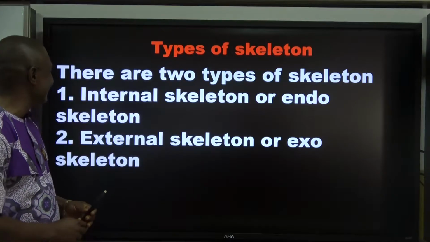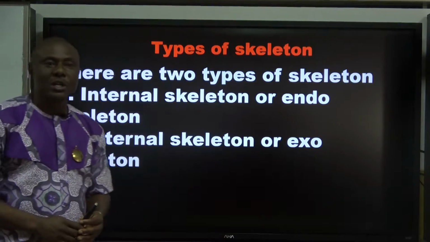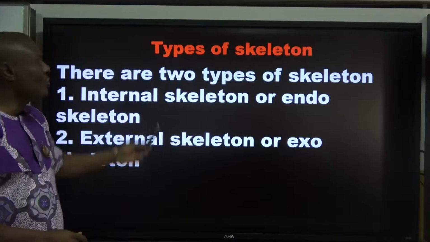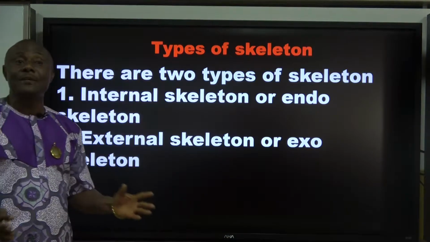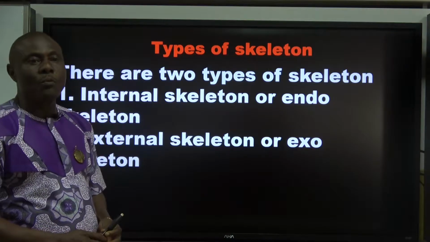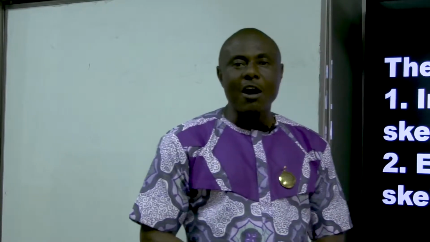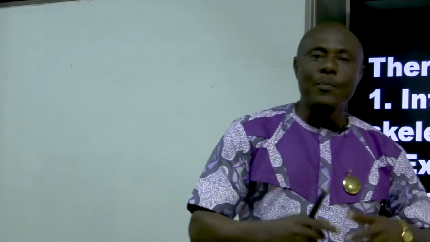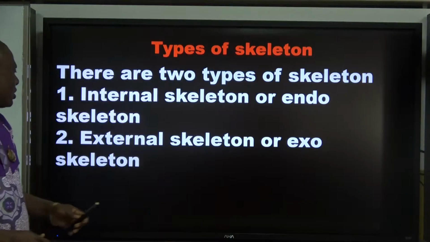The internal skeleton is known as the endoskeleton, and it is made up of bones. The endoskeleton is mainly found in vertebrate organisms, for example man, and that shall be our concentration. Our body is designed with a framework so that our bones carry the shape, carry the weight, as well as protect the tissues of the body.